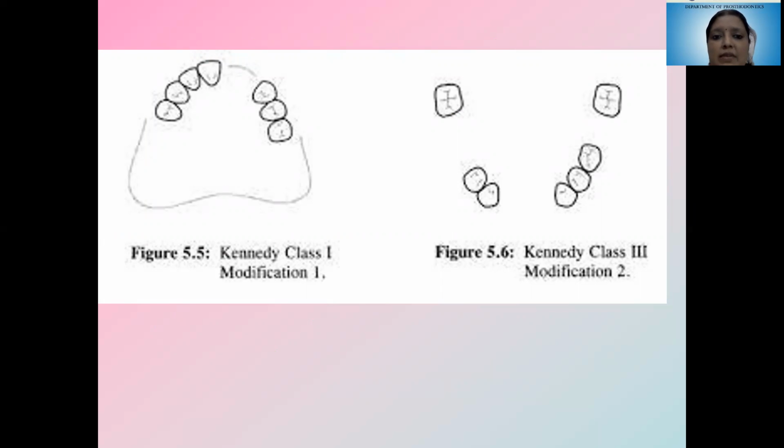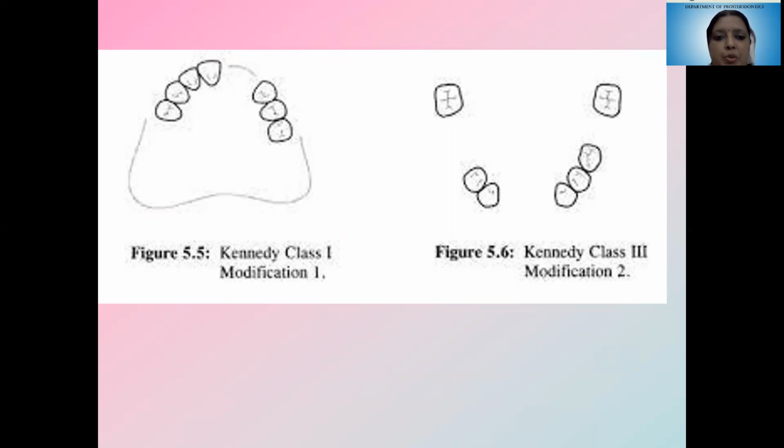And rule number 7 says the number of missing teeth is not important. In the anterior modification space, 2 teeth are missing, but we don't consider how many teeth are missing. It is just one continuous area. So this one will be classified as Kennedy's class 1 modification 1.